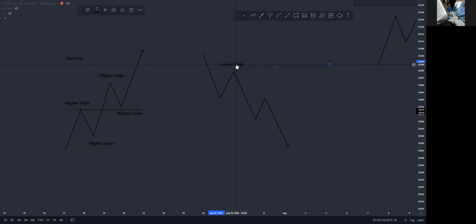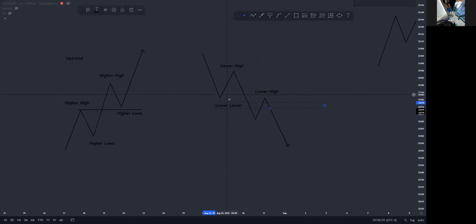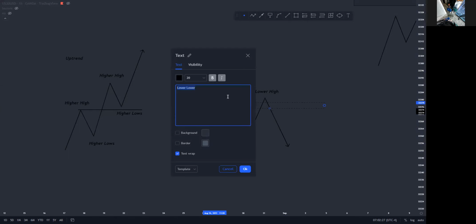Let's go ahead and copy it. Lower high, lower high. Lower low, lower low, lower low.